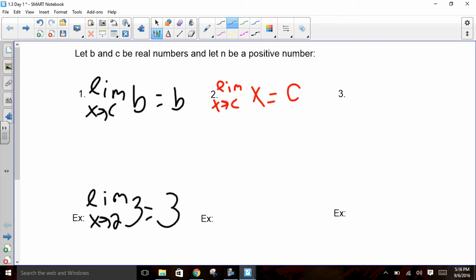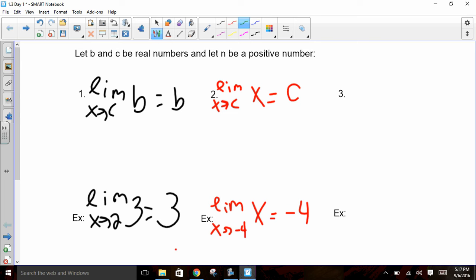So when I'm asked to find a limit of an x value or some unknown, all I do is plug that in. So if I'm looking for the limit as x approaches -4 of x, again, I simply plug in whatever value I'm looking for, and that's just my answer.